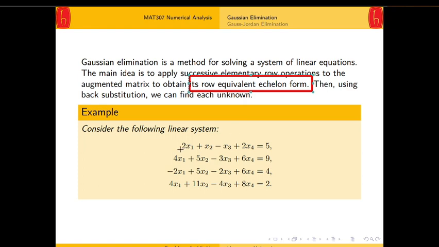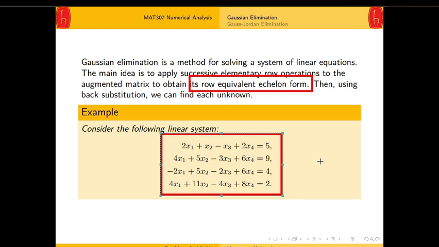So, an example: consider the following linear system. This is the linear system we are given. Without using a systematic approach like Gaussian elimination, our intuitive approach will be to eliminate unknowns from the equations, right?